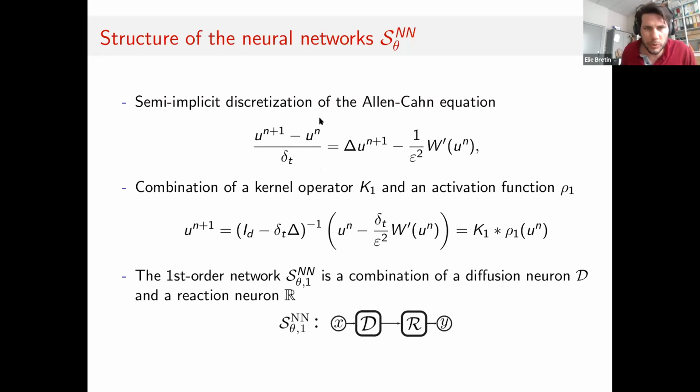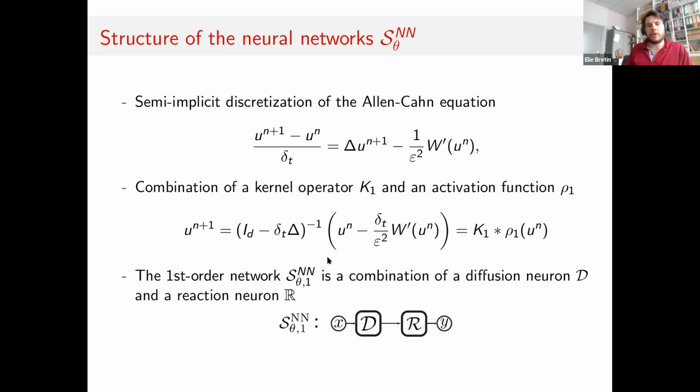And if I want to discretize the Allen-Cahn equation using, for instance, this scheme, we see that U(n+1) can be obtained by an operator applied to this function. And more precisely, this function can be seen as a reaction neuron applied to Un, just a 1D function.